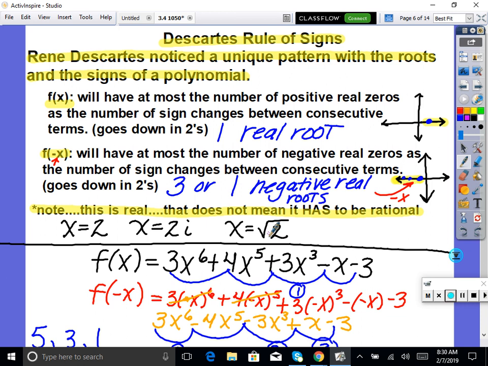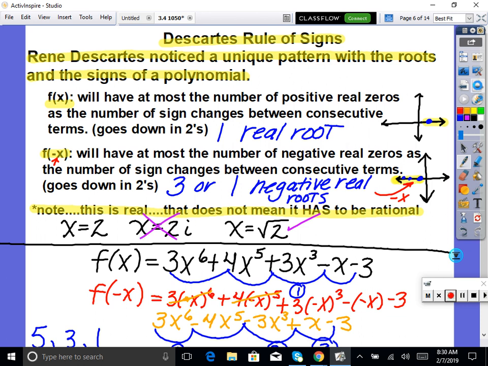So people will say, well, Ms. Christensen, Descartes' rule of signs says that it is crossing the positive x-axis, but I've tested all my positive rational roots, and none of them work. And I'm like, yeah, because remember, Descartes' rule of signs could also have irrational roots that cross. So just keep that in mind, it's not foolproof. Does that make sense, everyone? So it helps us eliminate imaginary roots, kind of.